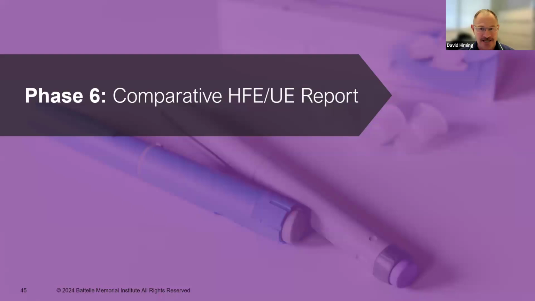So phase 6 is, yes, you guessed it, Appendix A from the 2016 guidance. It's a summary of all data gathered, generated, assessed, and/or analyzed to support the generic as being safe, effective, and substitutable for the RLD.